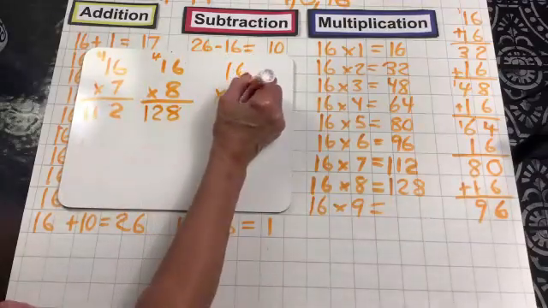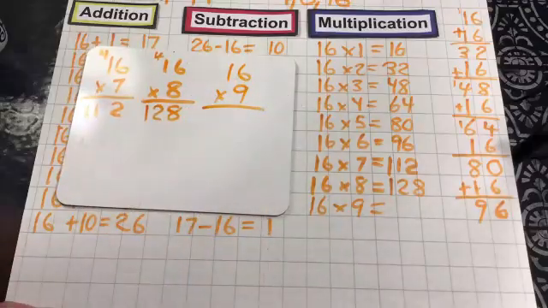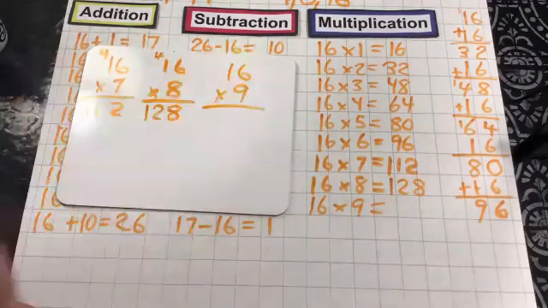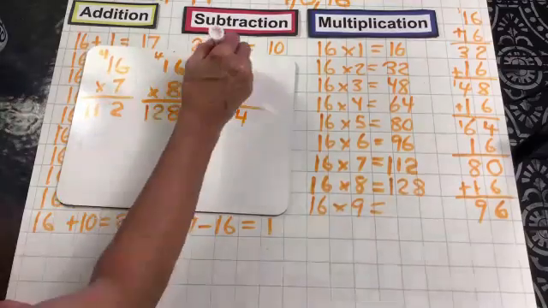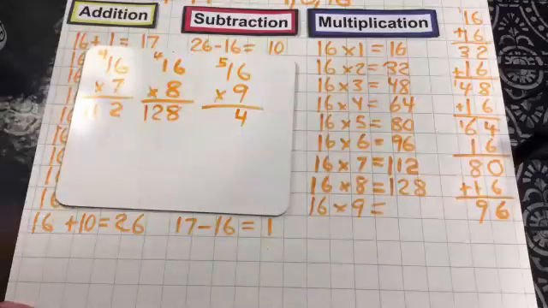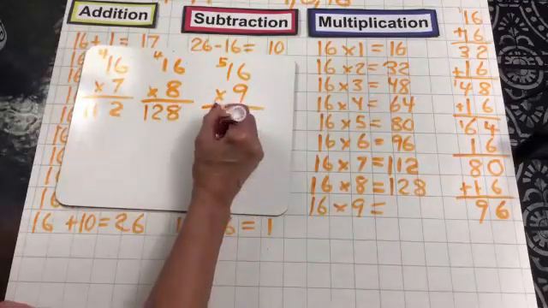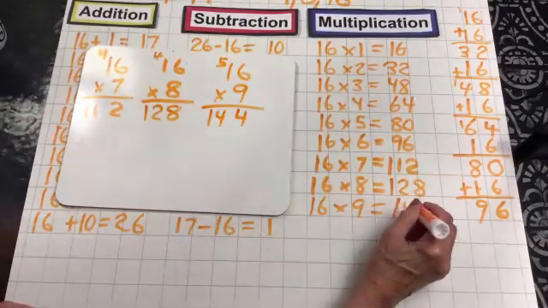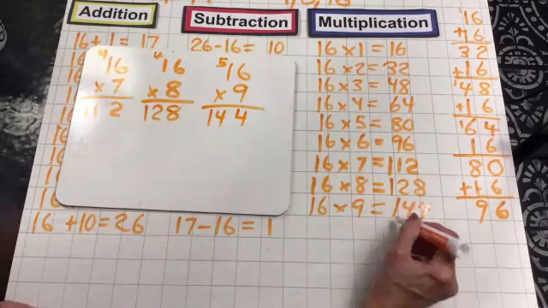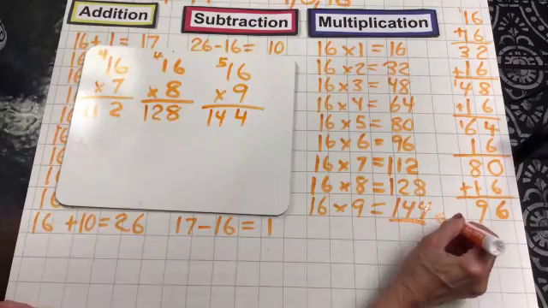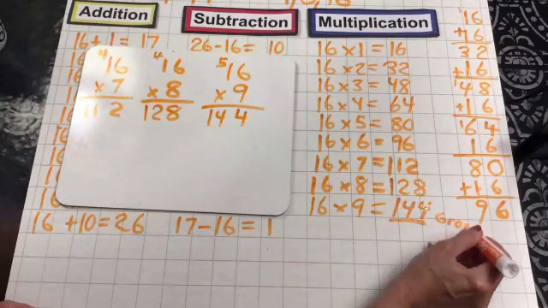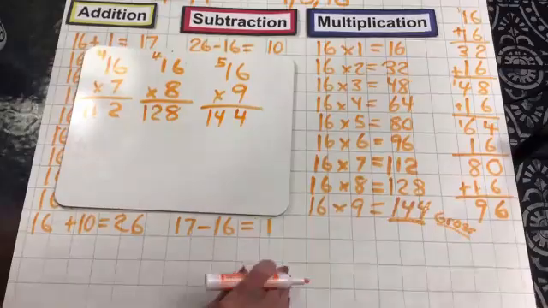16 times 9 equals. So it's important to practice these because this is our basic facts. 9 times 6 is 54. Drop the 4, carry the 5. 9 times 1 is 9 plus 5 is 14. And 144, just FYI, is considered a gross in manufacturing. So it's just a fun fact.